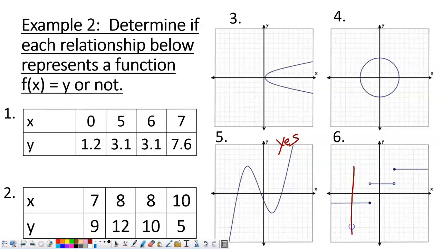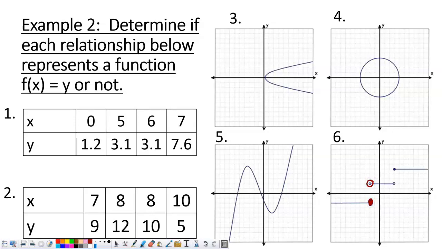Now, if I draw a line here, it only hits it once, so that's good news. Now, some of you might be thinking, what if we drew a line here? Doesn't it hit it twice? That's a really good observation. But actually, believe it or not, the answer is no. Let me explain why it's not actually touching the graph twice. I don't know if you can tell on your worksheet, but if you can't, then make it look more obvious. On my screen you can see there's a difference between those dots. This is what we call an open dot, and this is what we call a closed dot.